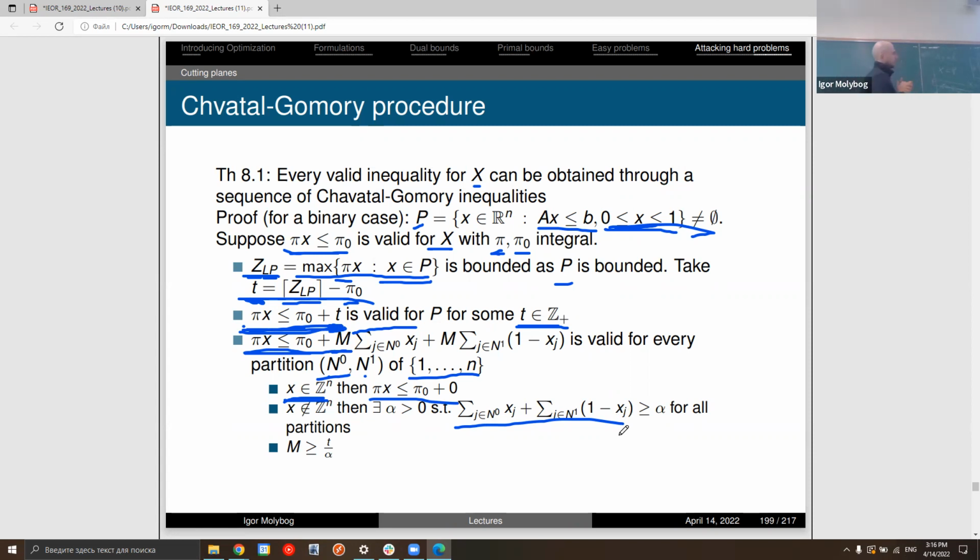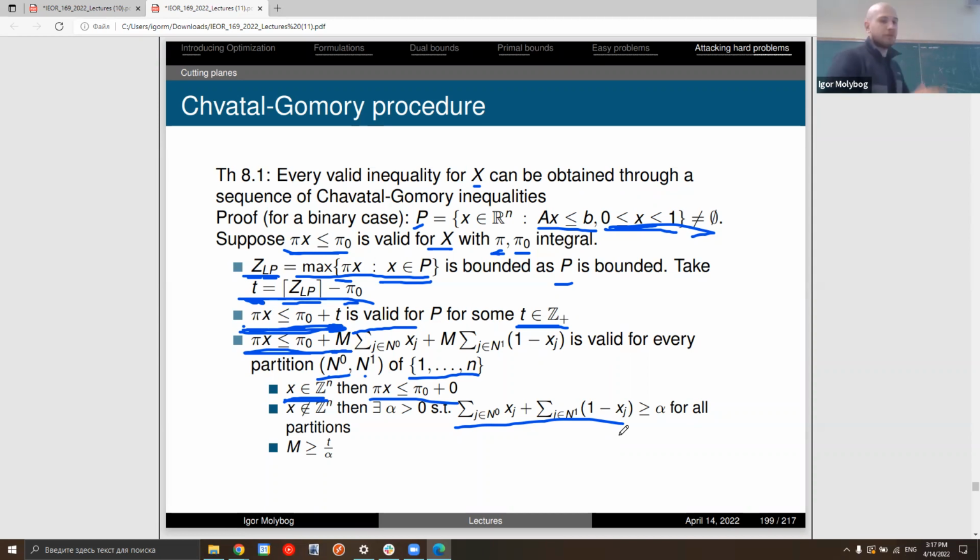Basically, okay, probably a picture wouldn't help here. If X is not an integral vector, then there is a single component that is not integer valued, and we pick the component that is not integer valued such that it is closest to the corresponding integer value, and that value is going to be alpha, because it doesn't really matter how exact.